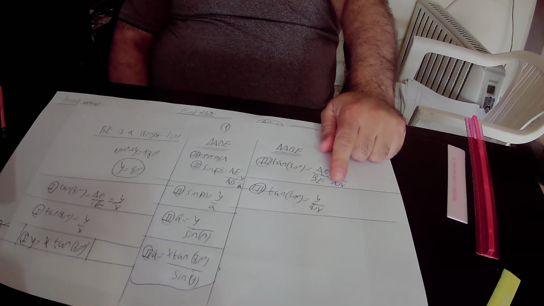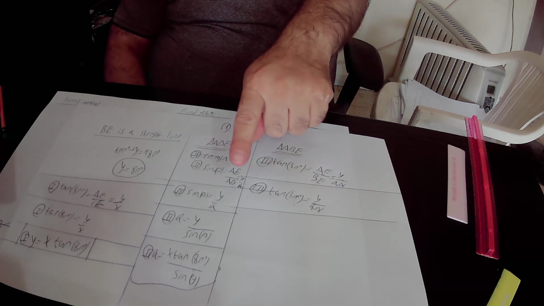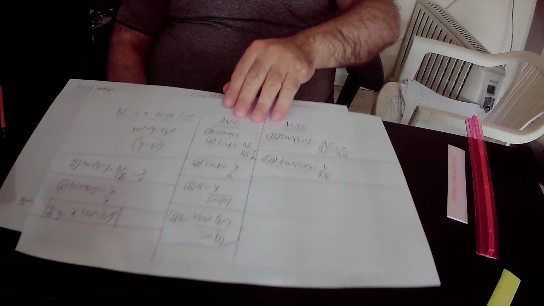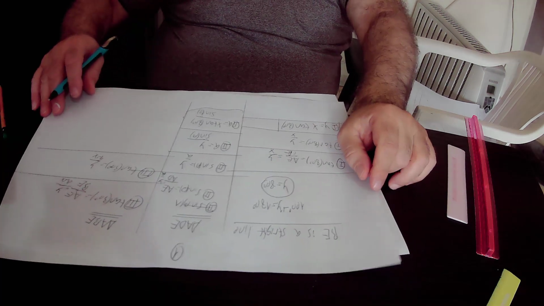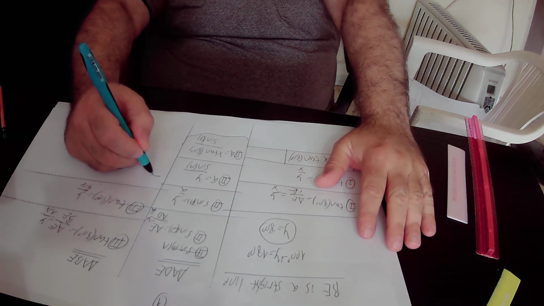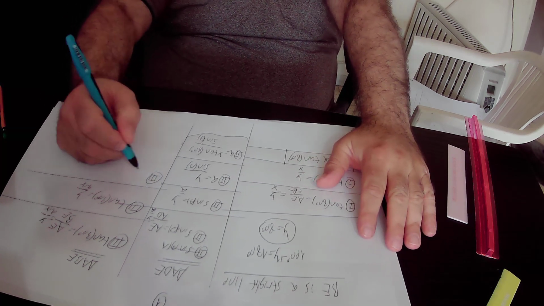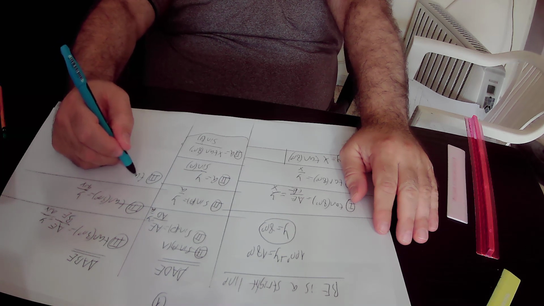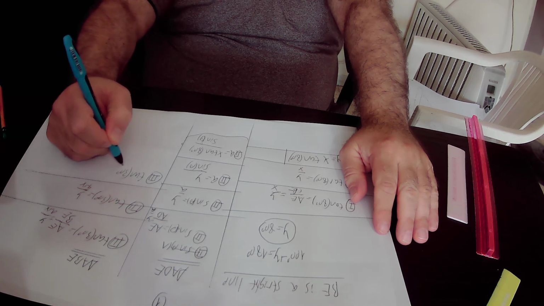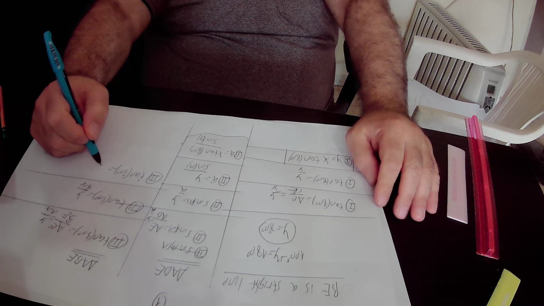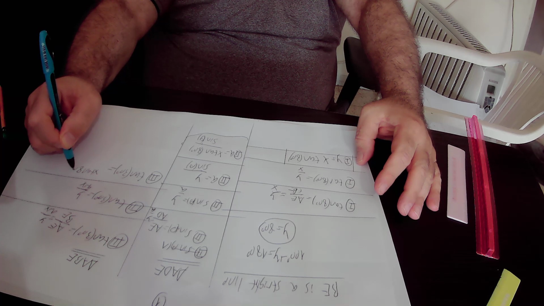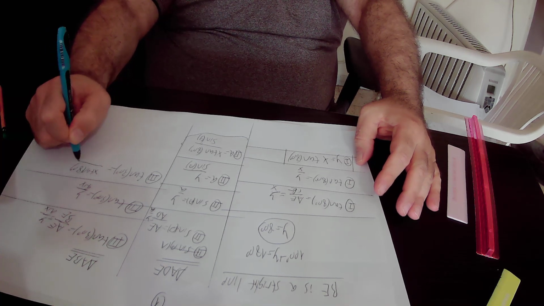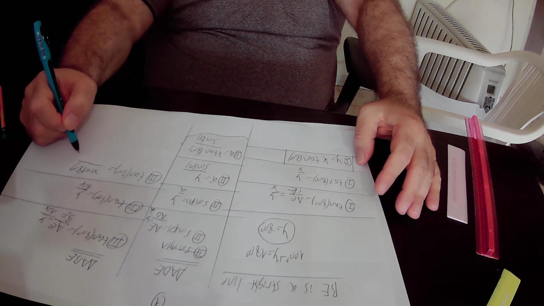Here we will substitute y by x tan 80 degrees, and we will substitute a by x tan 80 degrees over sine theta. And we will get that according to equation number 3, tangent 30 degrees equals y, which is x tan 80 degrees according to equation number 1, over a plus x.